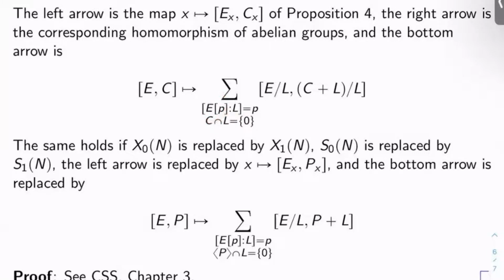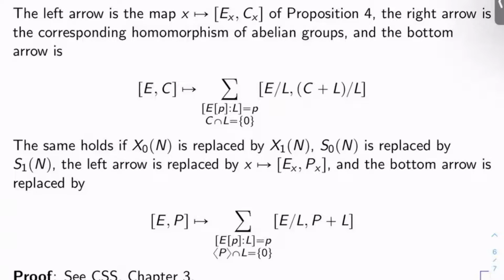But I also want to make sure I'm not just taking subgroups L of order P in the P torsion of E. I also want to make sure that when they intersect with C here, they do so trivially. And what am I summing over? I'm summing over the complex enhanced elliptic curves E mod L, C plus L mod L.